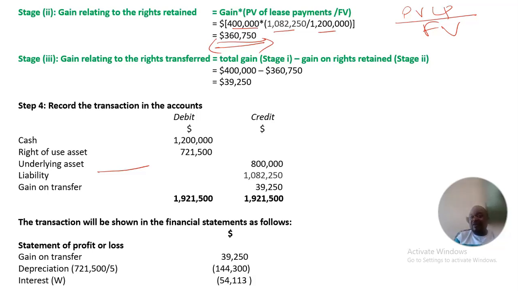360,750. However, the standard wants us to recognize the gains which are related to the rights which have been transferred as a result of the transaction. Which means from the overall gain, you only have to account for the gain which is a proportion of the rights transferred.